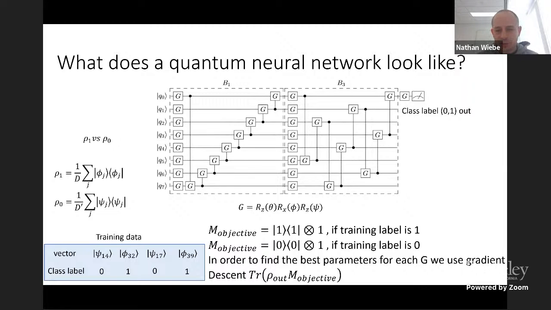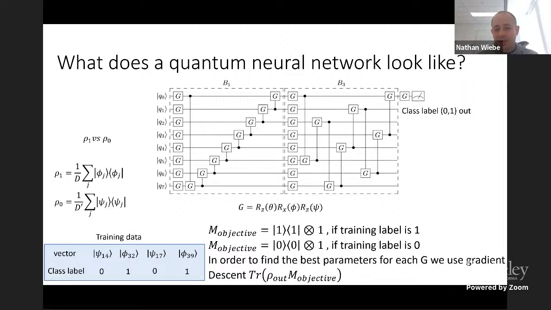So what we would do in this particular case is encode our data in such a way that we have the label stored along with each of the vectors that we're considering. And then when we measure this top qubit over here, we'd like the measurement to match the label associated with it.